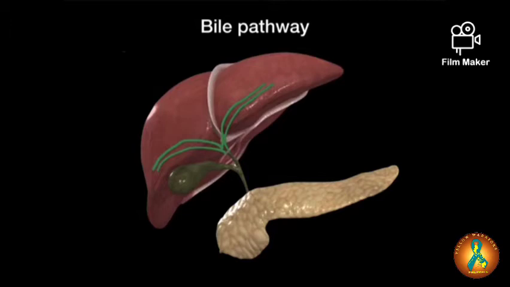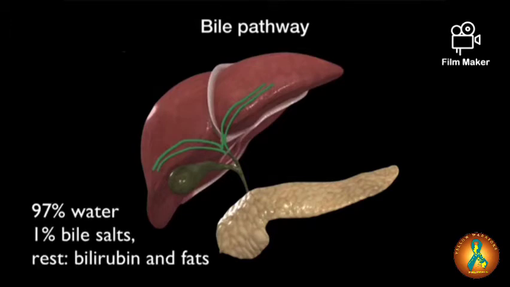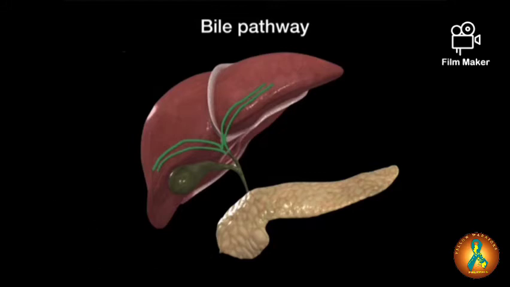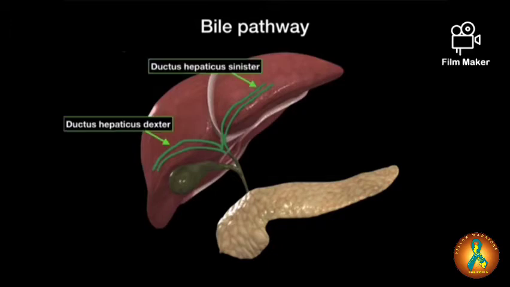But the bile roughly contains around 97% water and around 1% different salts and some slight percent of bilirubin and fat. So that's what comes out from the liver. So the liver produces the bile and sends it through the ductus hepaticus dexter, the right hepatic duct, and the ductus hepaticus sinister, the left hepatic duct.